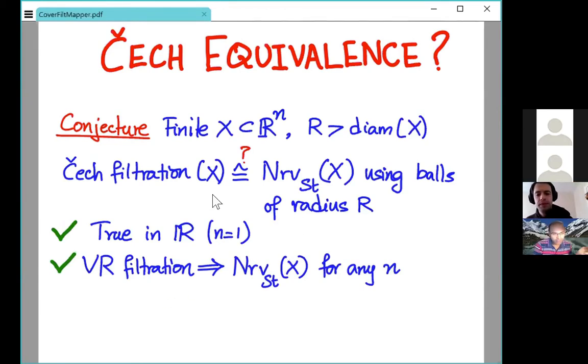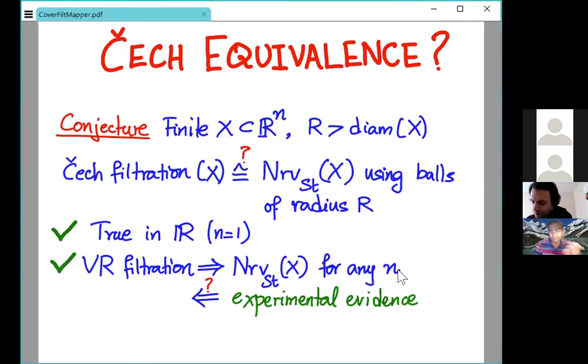The Vietoris-Rips filtration of these points completely determines the Steinhaus filtration for any n. It's only one way, but we do have experimental evidence for the other way. For instance, for n equal to 2, 2D points, when we do the computation, the persistence diagrams from Vietoris-Rips and the Steinhaus filtration appear to be close enough, but we don't have a full proof. So that helps to situate our Steinhaus filtration with some of the other standard notions.